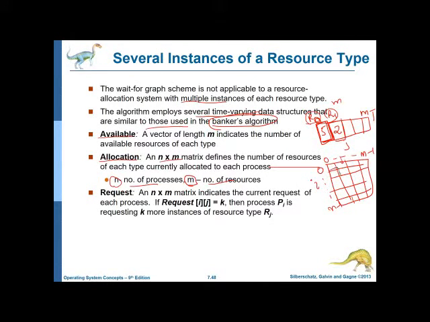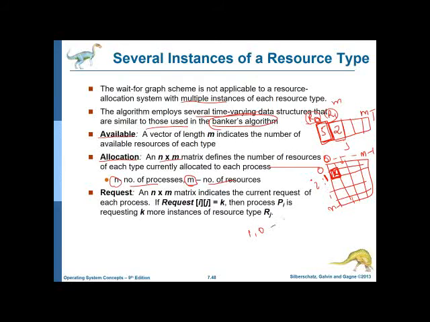Now suppose you take any cell, say the cell 1, 0, where i is equal to 1 and j is equal to 0, and it contains a value k. What does 1, 0 indicate?